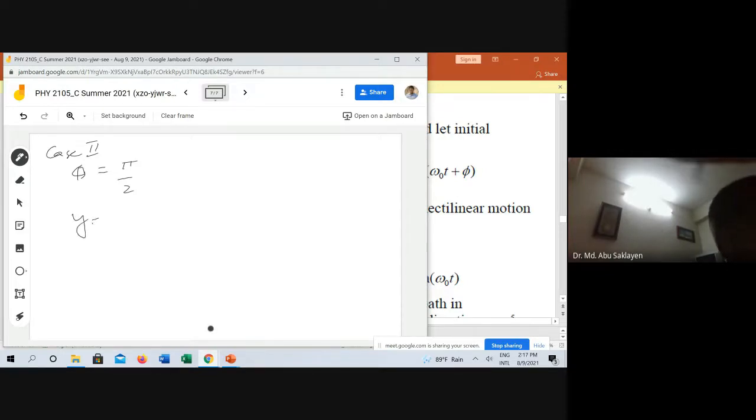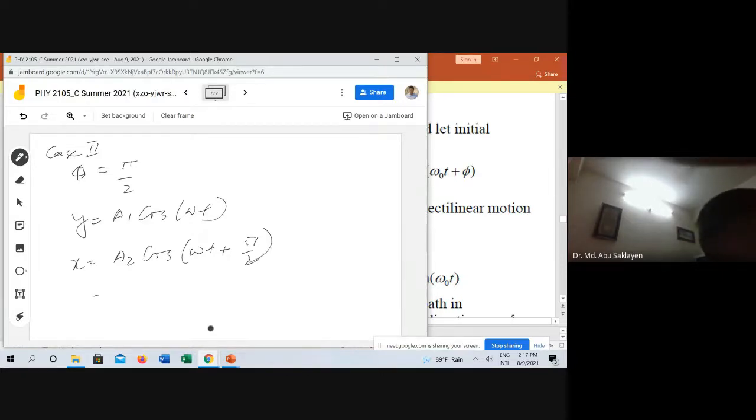So y equal to a1 cos omega t and x equal to a2 cos omega t plus pi by 2.